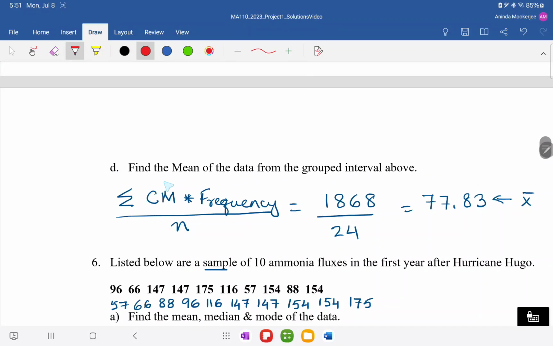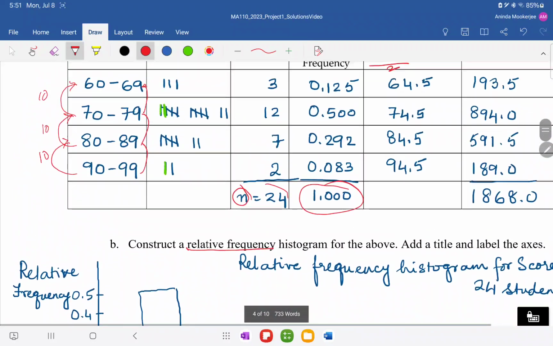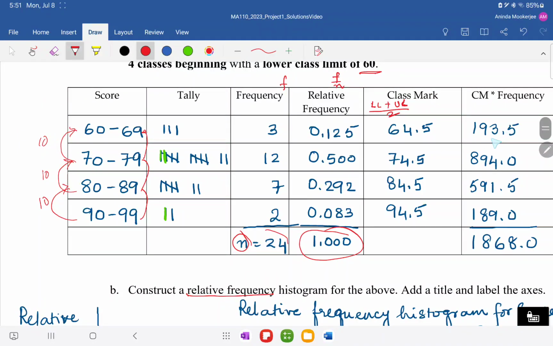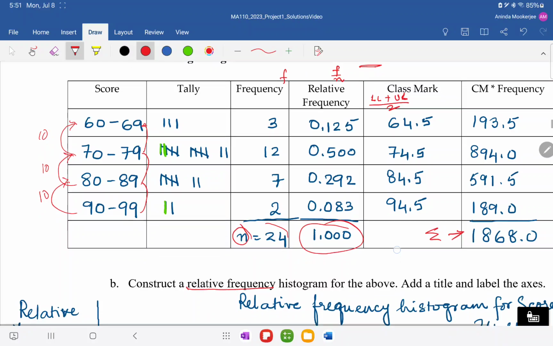So part D says find the mean of the data from the grouped interval above. And that was the reason we had you find the class mark first of all, and then multiply the class mark with the frequency, and then sum it up. So sigma, this is the summed up value for CM, class mark, times frequency.